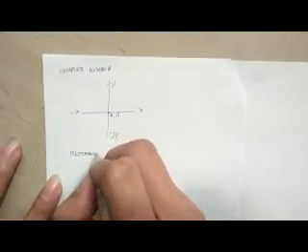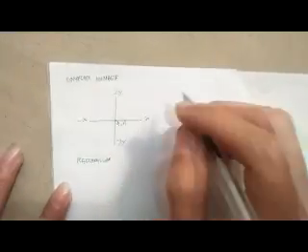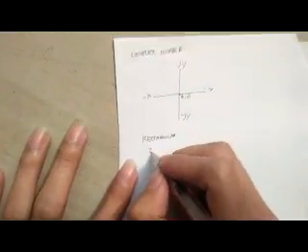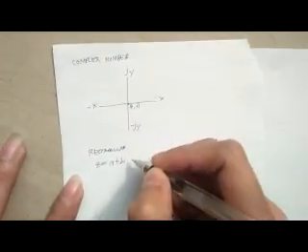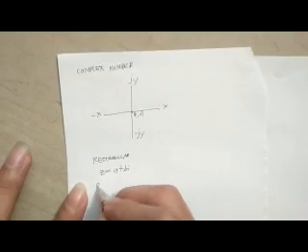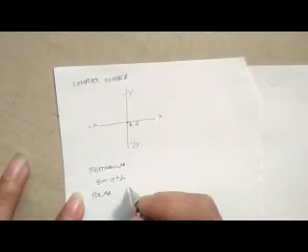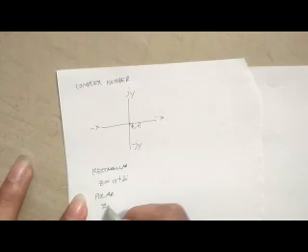There is rectangular, where z is equal to a plus bi. The polar, where z is equal to r angle theta.